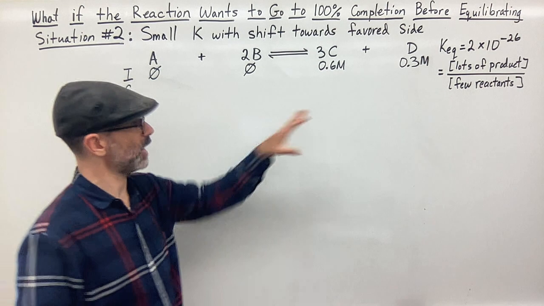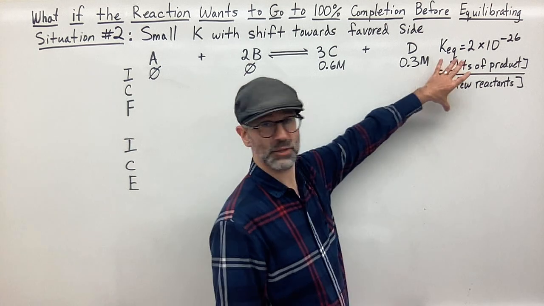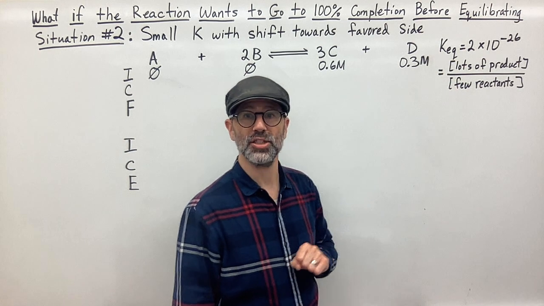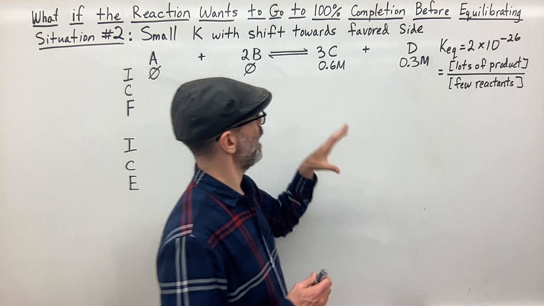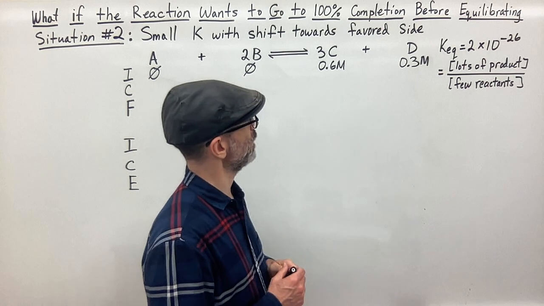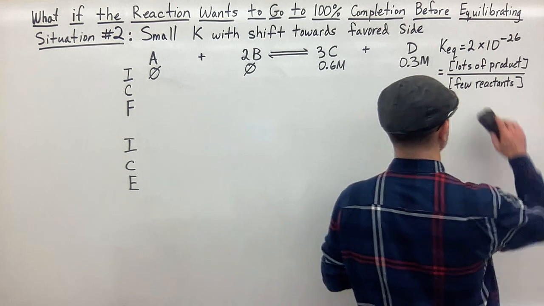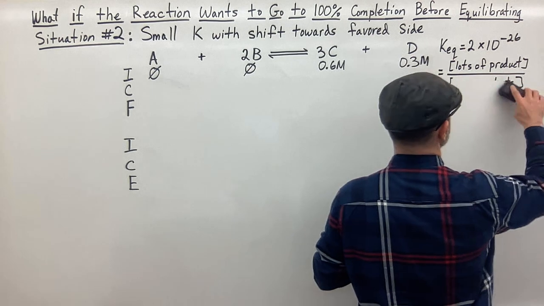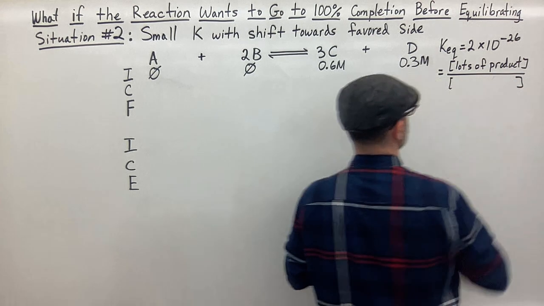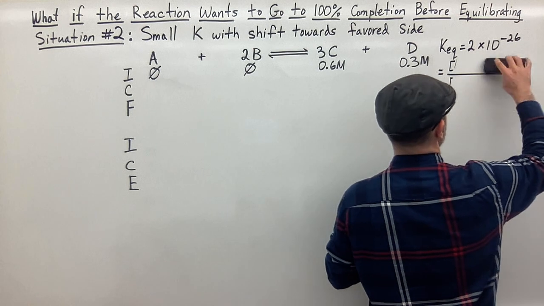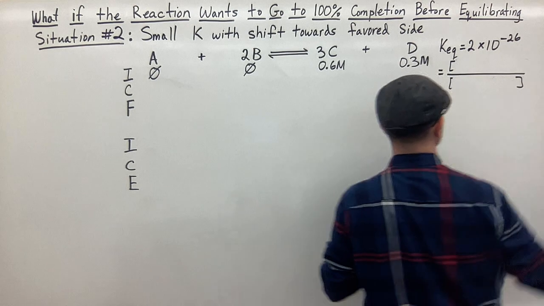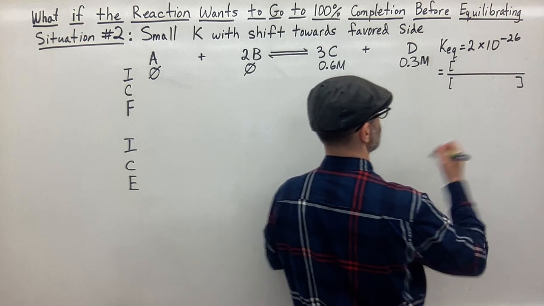And so I look at my K value, and you'll see that it's very, very small. And so what that means is you're going to have a lot of reactants. So I've got to change this. So this is flipped. Because this is very small, remember that means you have a very large denominator, and the reactants are on the denominator.